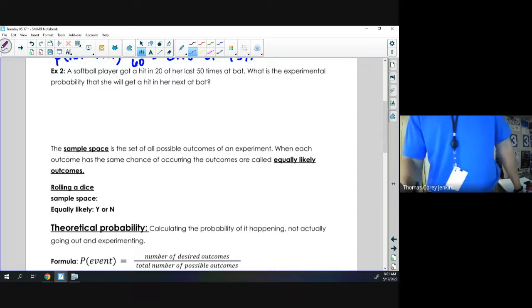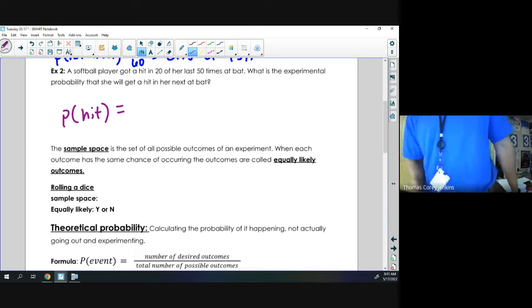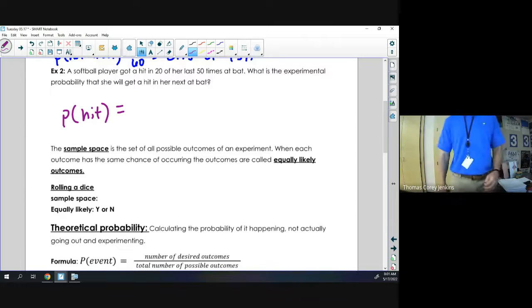So we want the probability, based on the prompt, that this young lady gets a hit in her next at bat based on her previous 50.